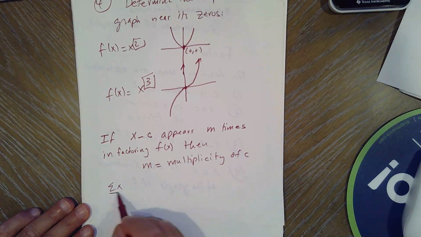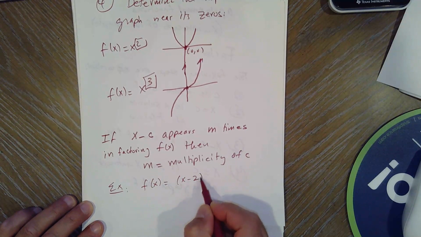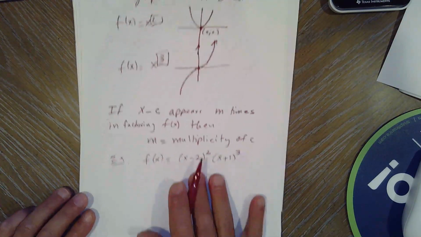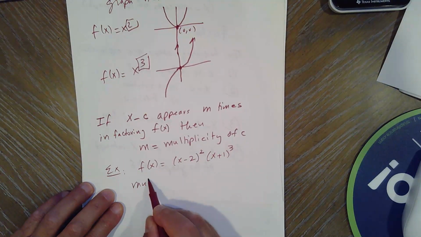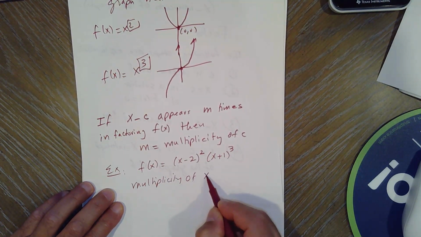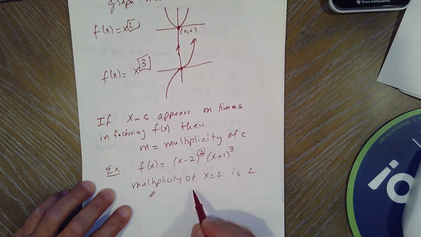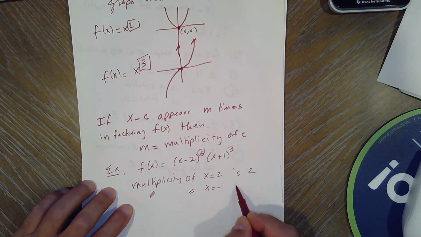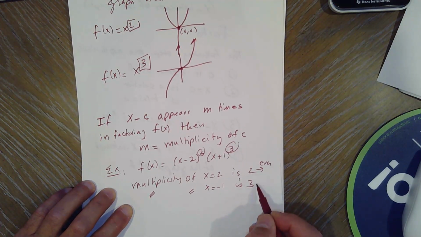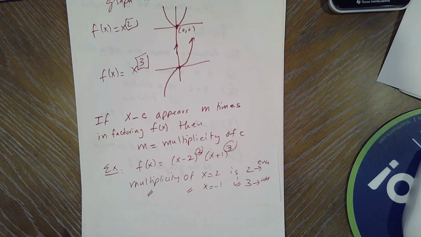For example, f of x equals (x minus 2) squared times (x plus 1) cubed. You can see that the multiplicity of x equals 2 is 2, and the multiplicity of x equals negative 1 is 3. Even, odd. That tells you what's going to happen with the graph.